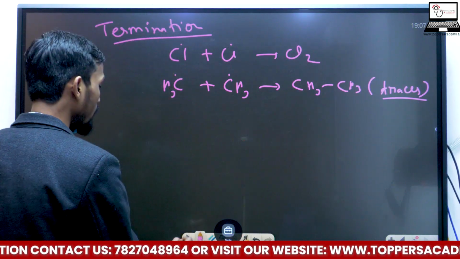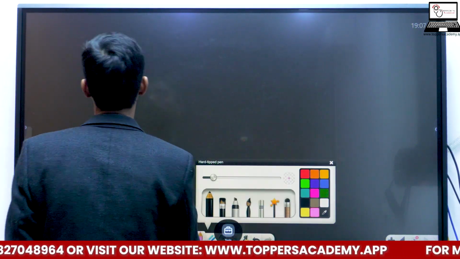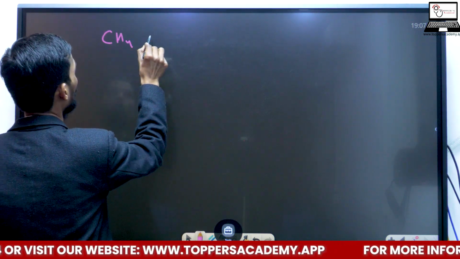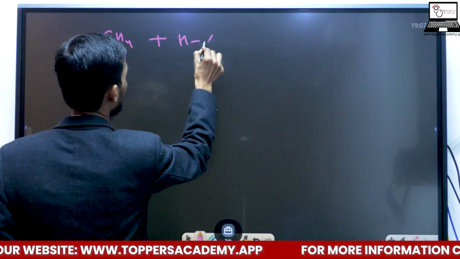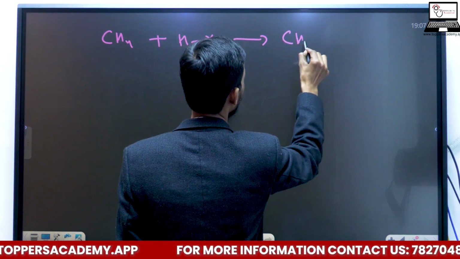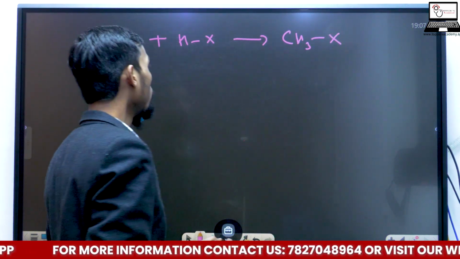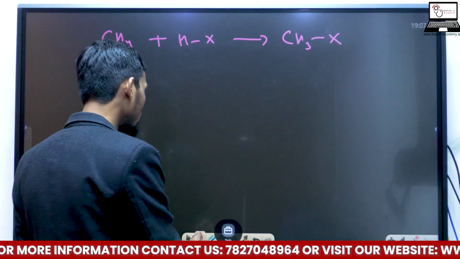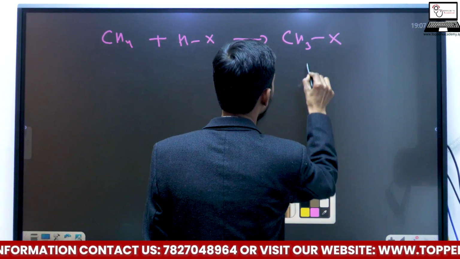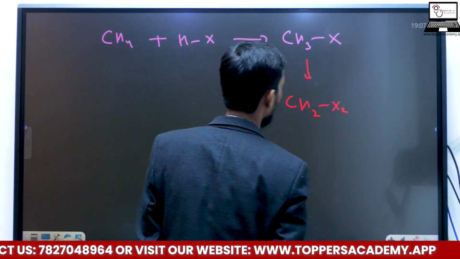So now the next thing is how this reaction proceeds. We will see over here that if we have CH4 reacted with HX, we will get CH3X. Then this reaction can further proceed and we will get CH2X2.